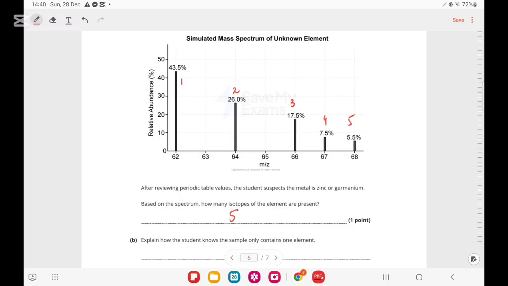Explain how the student knows that the sample only contains one element. As you can see, these are closely spaced peaks having a difference of 2, or 2 and 1 and 1.